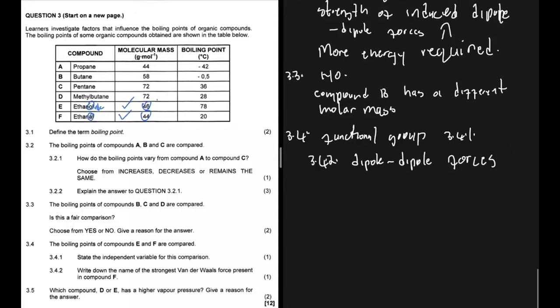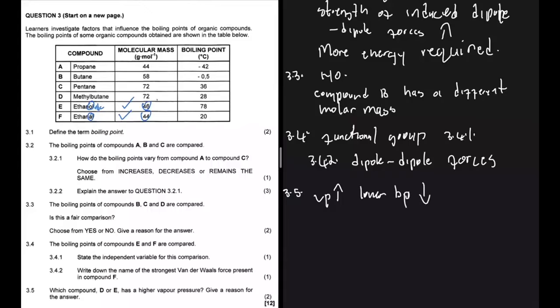And then 3.5 says which compound D or E has a higher vapor pressure. So the higher the VP, the lower the BP. BP being the boiling point, right?